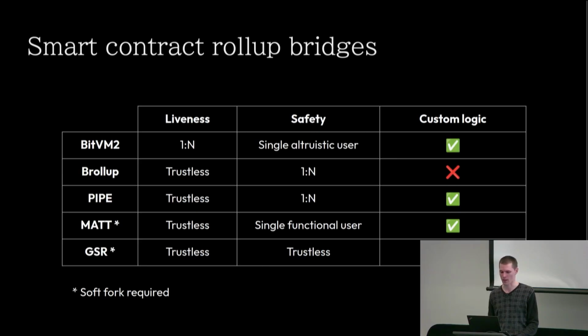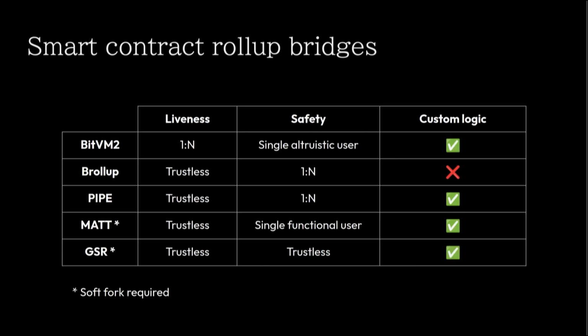And then there is the GSR class of smart contract rollup bridges, that is the great script restoration, which brings back a bunch of old opcodes that were disabled by Satoshi. With this suite of opcodes, we can also get trustless liveness guarantees from the bridge, as well as trustless safety guarantees, because we'll be able to do native validity proof verification in Bitcoin script.